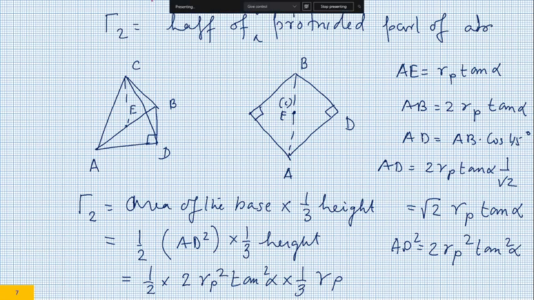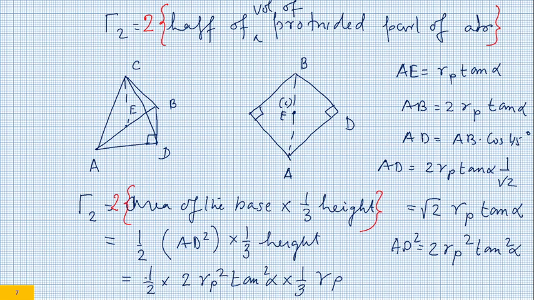When I wrote this expression, I did not make this mistake intentionally, but this has to be multiplied by 2, and ultimately if you multiply it by 2, gamma 2 becomes 2 by 3 RP cube tan square alpha. So this is the negative part.